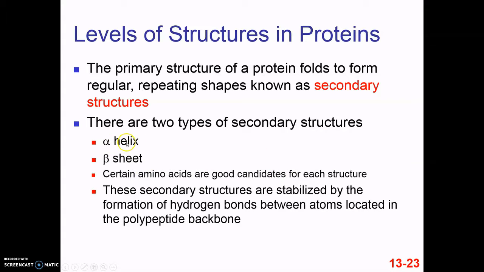The unique characteristics of alpha helices and beta sheets with hydrophobic and hydrophilic environments is certainly going to play into it. But what is happening here is we have this structure that is stabilized by formations of hydrogen bonds between the atoms located in the polypeptide backbone. So it's backbone-backbone interactions, hydrogen bonds, that are stabilizing these two particular structures.